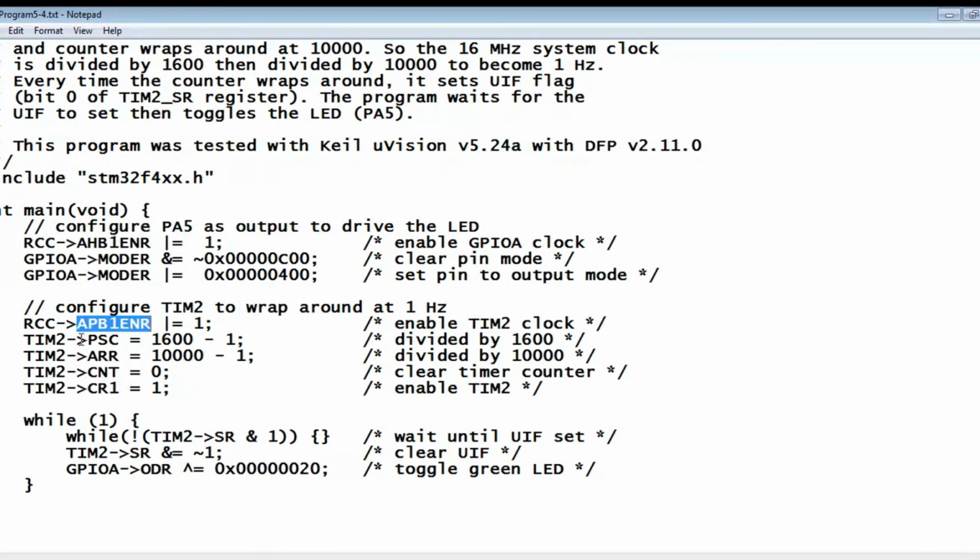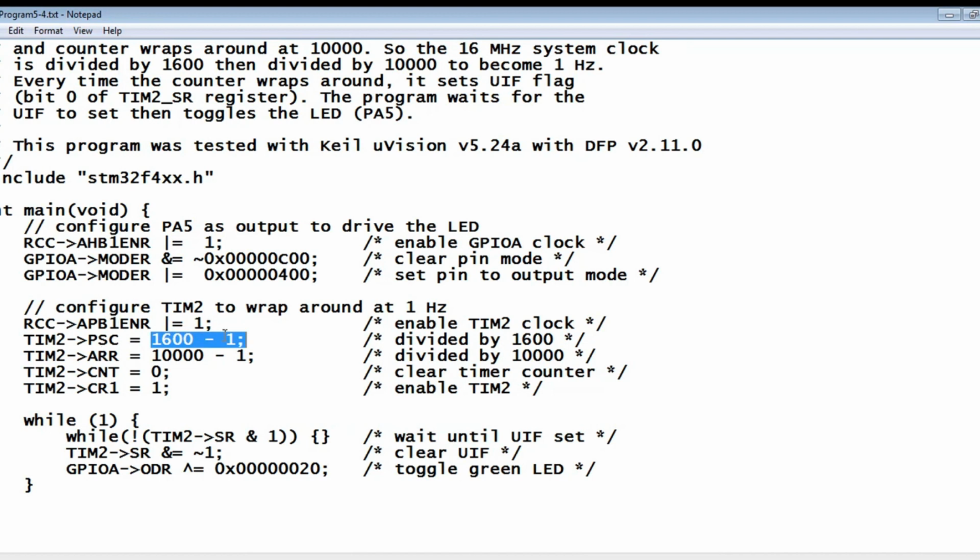Then what should be the prescaler PSC value I have configured in the program? What have I used in the program? 1599. So for the general representation, prescaler ratio is nothing but PSC plus 1. So what is PSC?